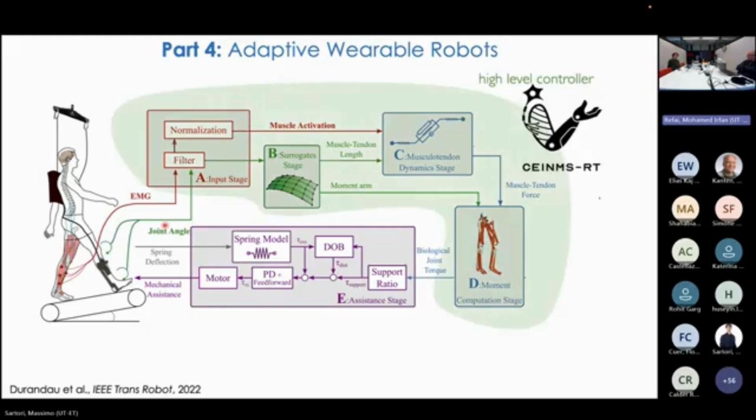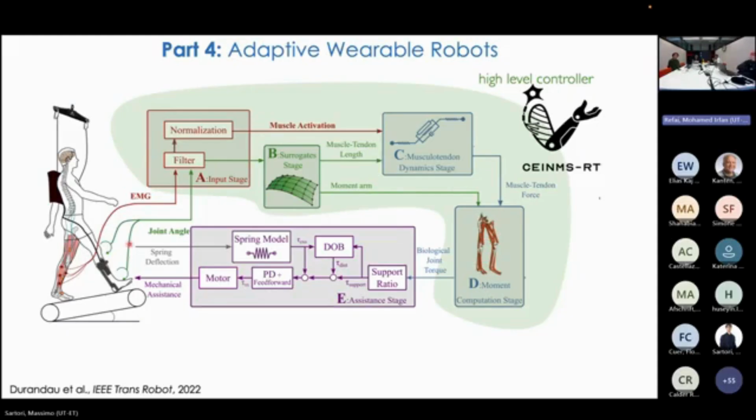These go into the CEINMS framework, which is the same framework that I showed you before, where the spline methods take joint angles and convert them into moment arms and muscle tendon length. Then muscle activations go into a muscle model, which predicts muscle tendon force. And muscle tendon force is then multiplied with moment arms to predict joint moments.